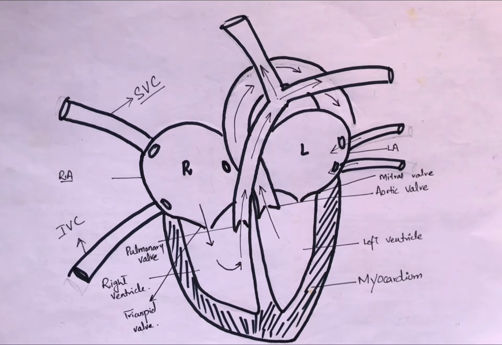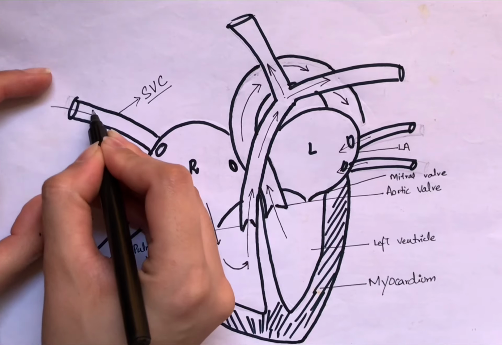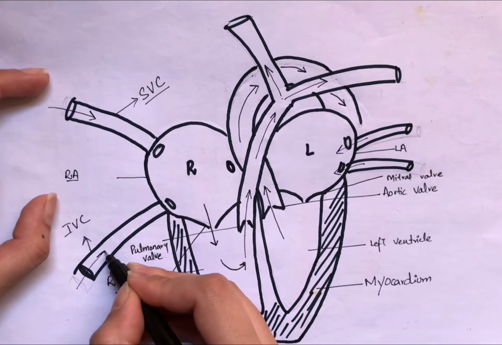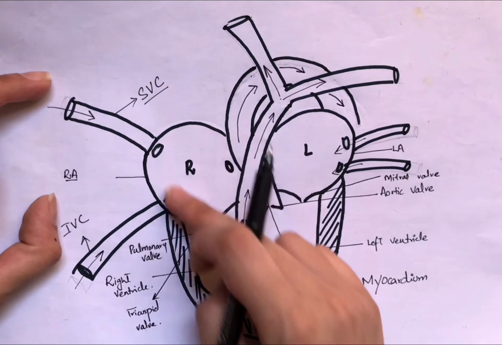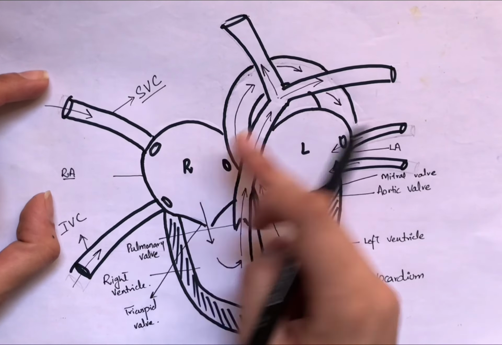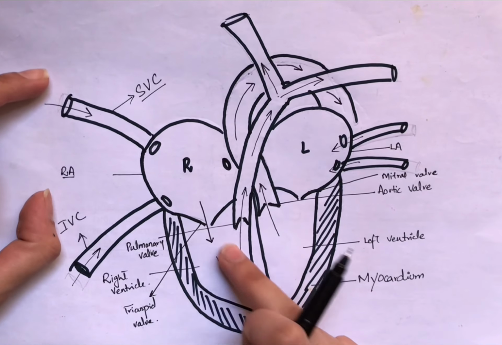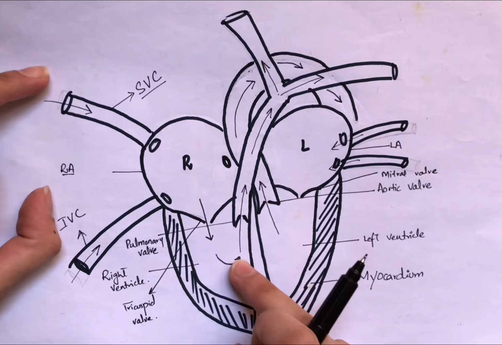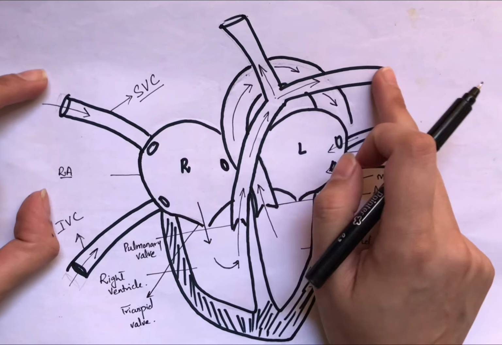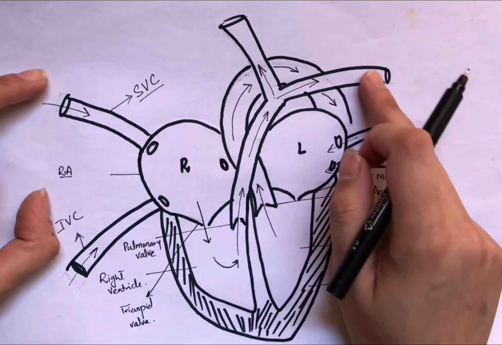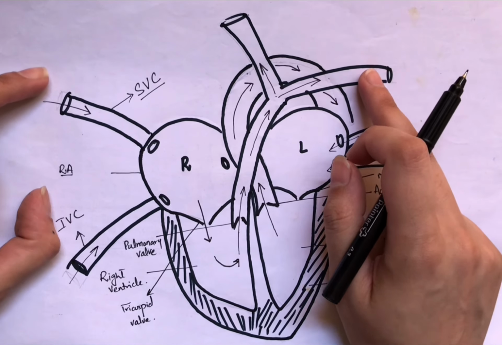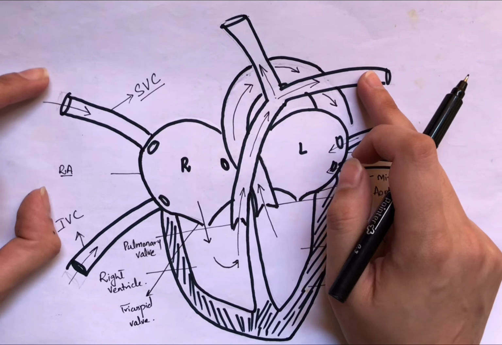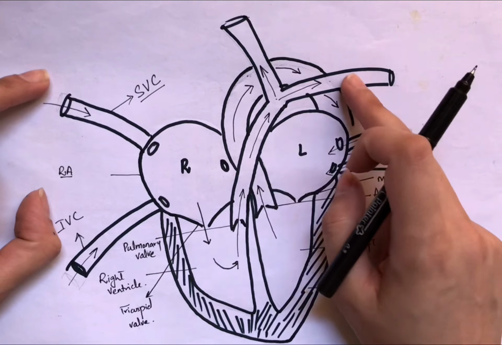So let's discuss the flow of blood through the whole heart. From the superior and inferior vena cava, the blood comes into the right atrium. When the right atrium contracts, the blood is pushed into the right ventricle through the tricuspid valve. Then the pulmonary valve opens and the blood is pushed into the pulmonary artery and then to the lungs for oxygenation.